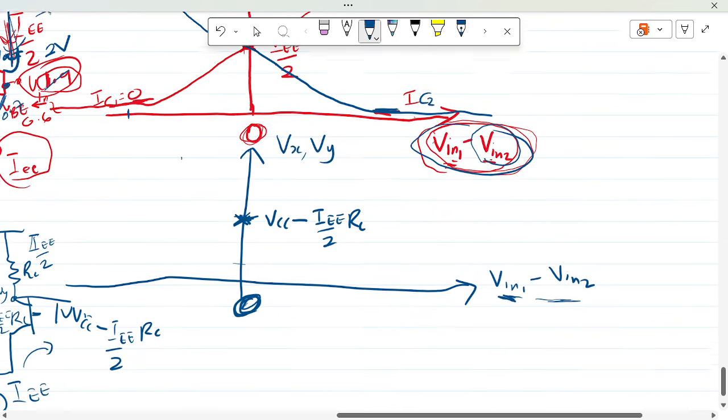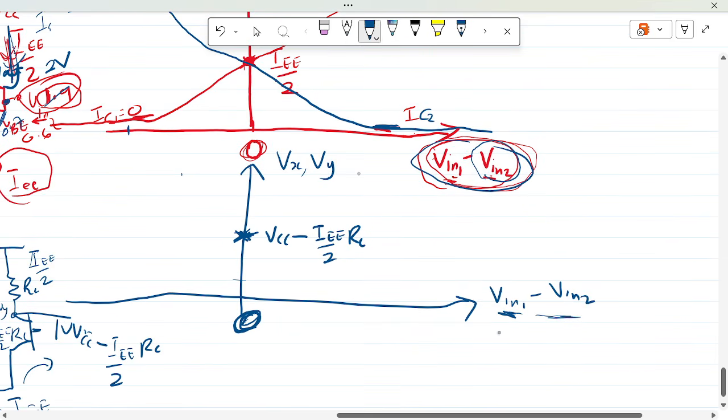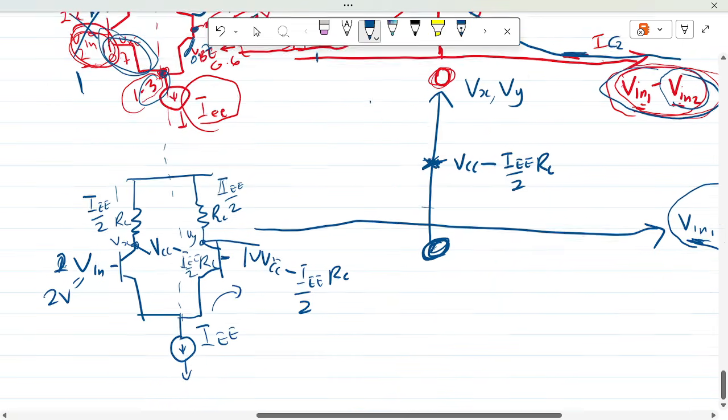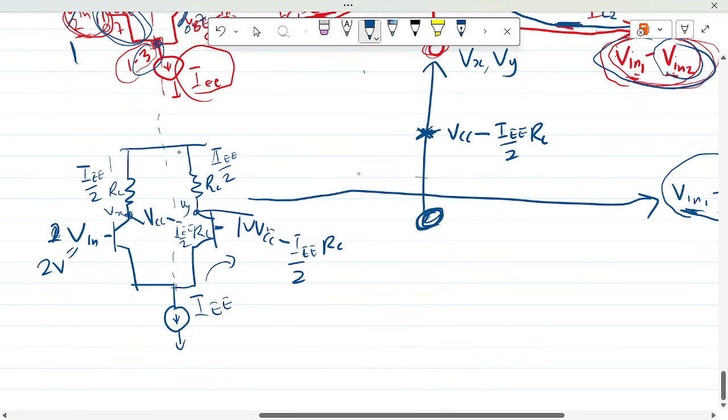So in this case, we say that the differential input is more positive. So what happens is that IC2 goes to 0. And if IC2 goes to 0, it means there is no current in this branch. If there is no current in this branch, then the voltage at this node becomes equal to VCC.